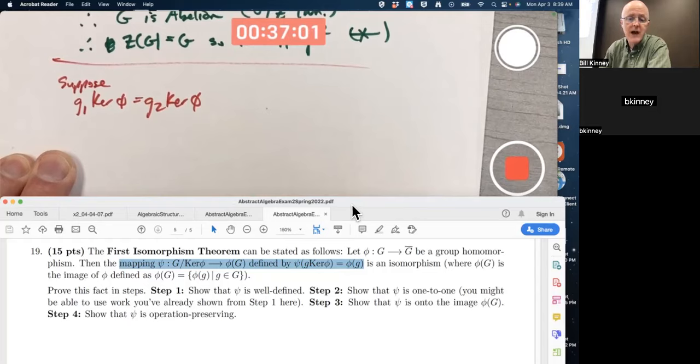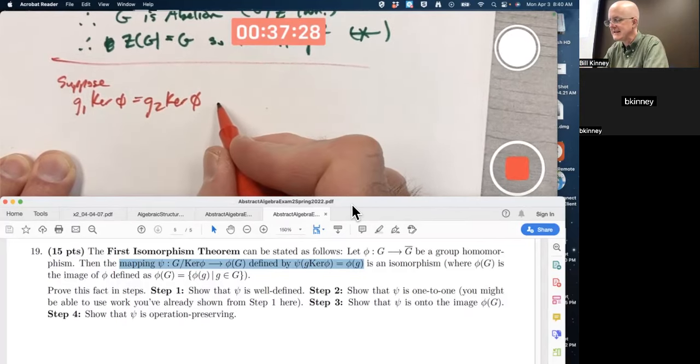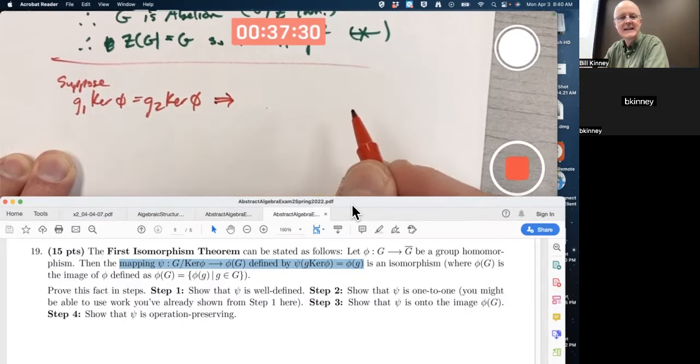You have to show that psi of G1 coset equals psi of G2 coset. To do that, you have to know deep in your soul properties of cosets. Remember the lemma, the big long lemma, kind of analogous to the invertible matrix theorem in linear algebra. There are so many parts to it. You want to get those properties deeply embedded in your mind.